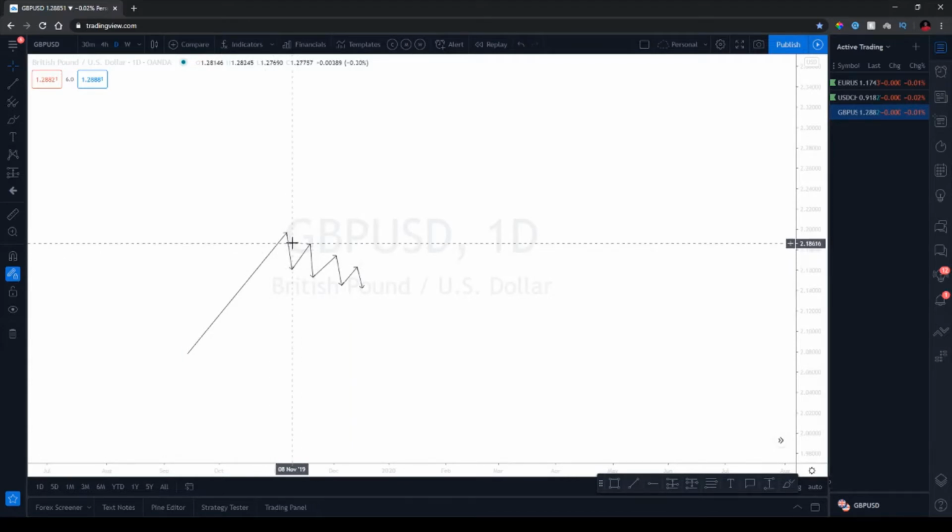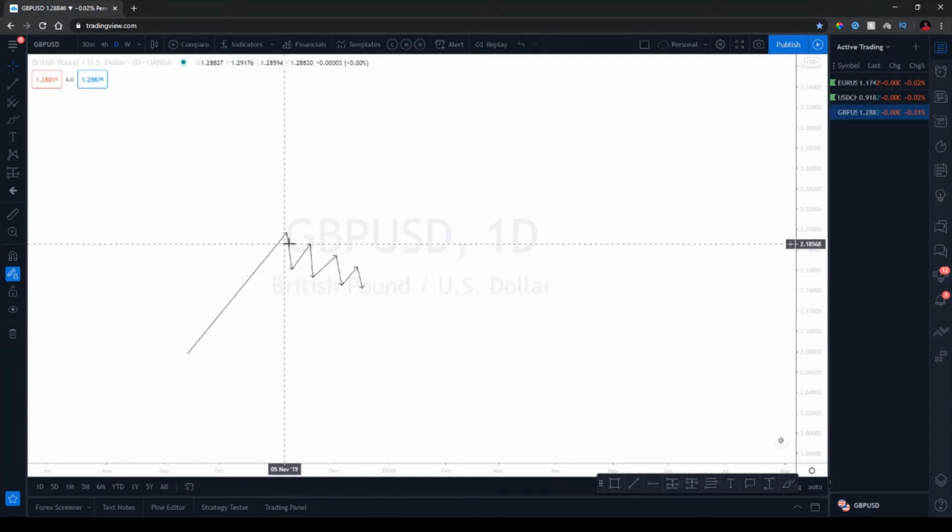Now what we ideally want to see for our setup is if the pattern goes in the opposite direction of the impulse, it is confirming the impulsive movement. So backing up, the impulse tells us which direction the market wants to go.